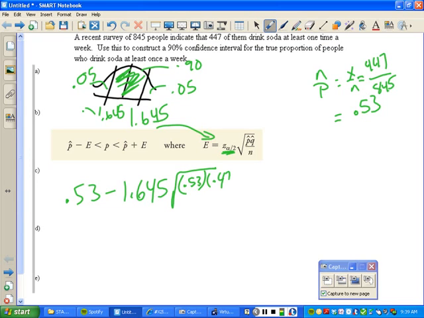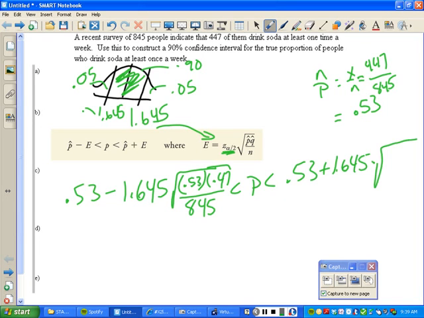It's the opposite. Over 845 is less than p, which is less than 0.53 plus 1.645 times the square root of 0.53 times 0.47 over 845.